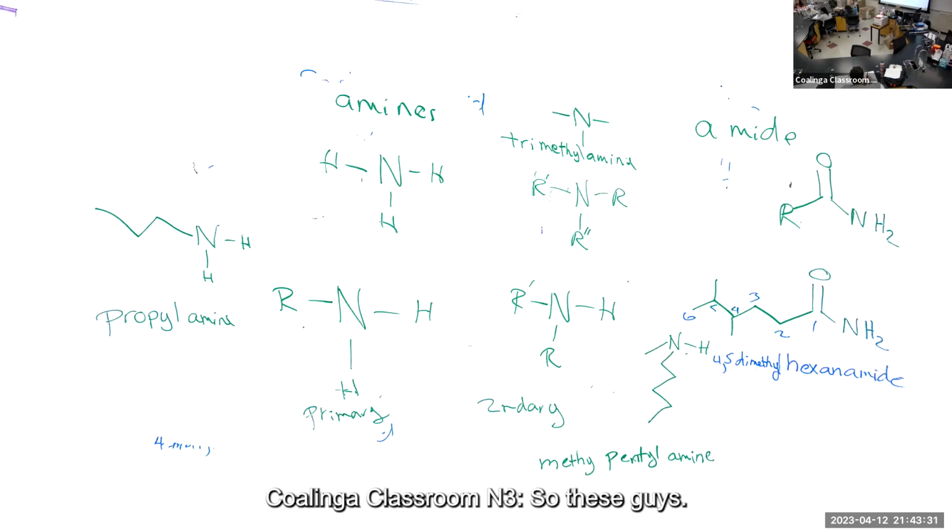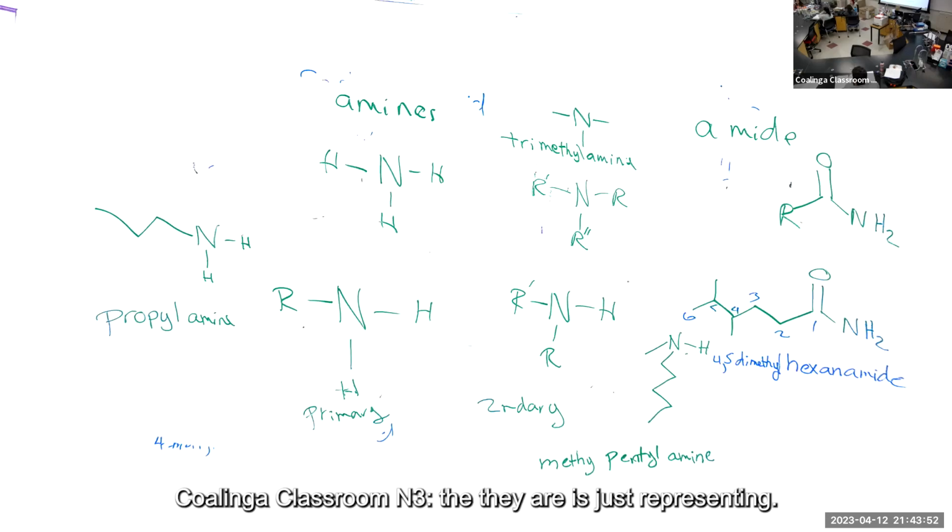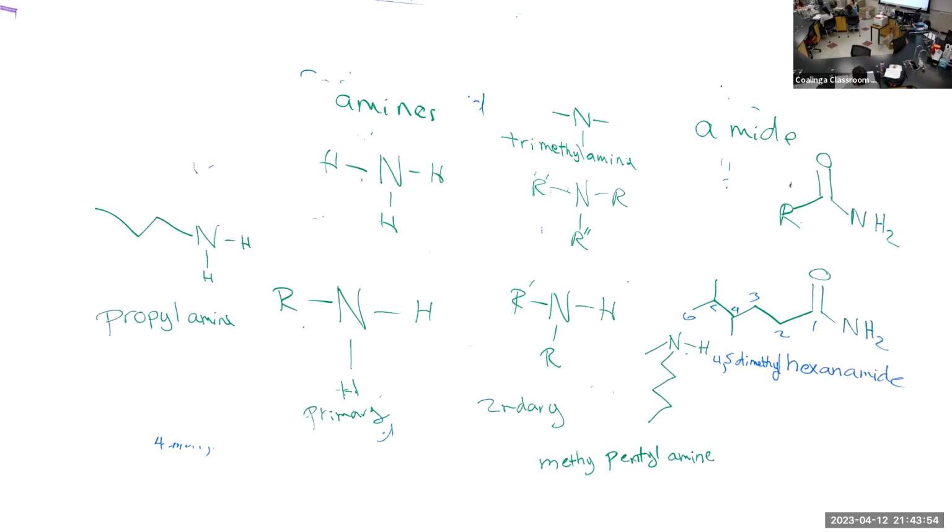Okay, so these guys are sort of the foundation of something else that we read, that hydrolyzed. What is the name of the R? Does the R change everything? The R is just representing hydrocarbon.